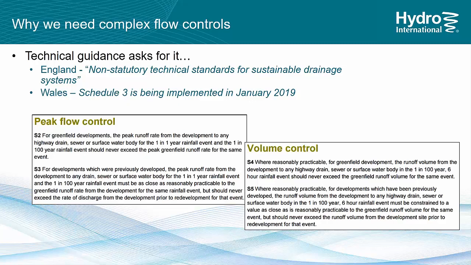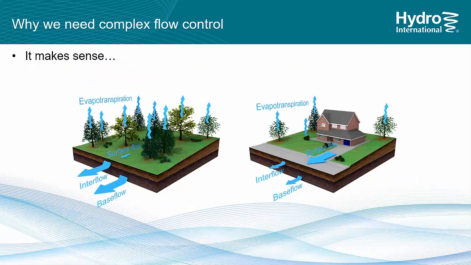And this comes around because we changed the way in which the system is working. So complex flow controls only have to go onto new build sites, and so it's typically where we're changing a greenfield application or behaviour that's on the left, where we have a significant increase in the amount of evapotranspiration coming off the site, increased amount of base flow coming off because the water that falls onto that site infiltrates into the ground, but little amount of surface water.